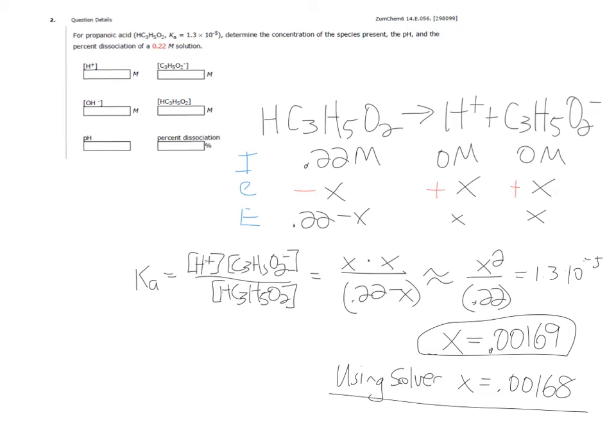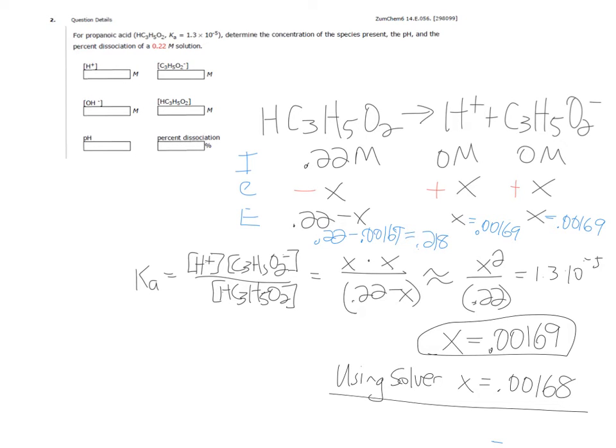Now that we have the value of x, we already can find the equilibrium concentrations of both hydrogen and the conjugate base of the acid called propanoate. We can also plug the value of x into the expression for the acid concentration, 0.22 minus 0.00169, and we get 0.218.